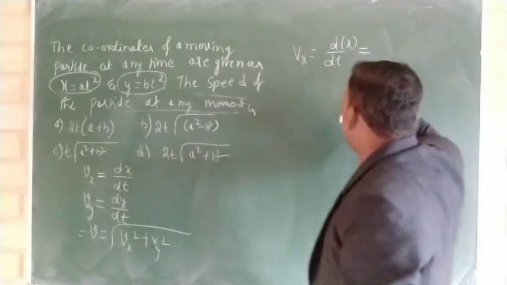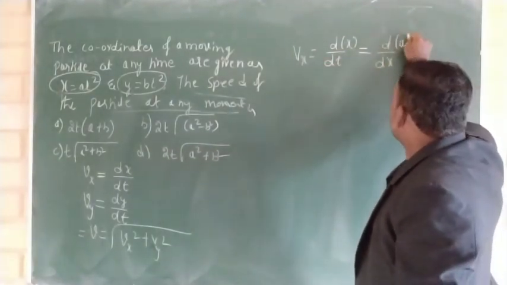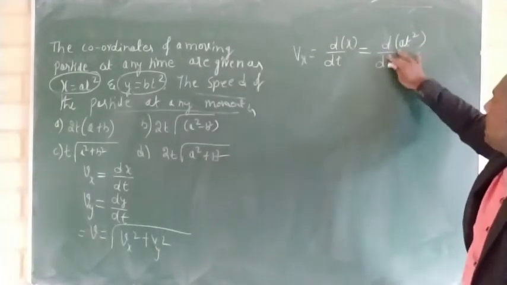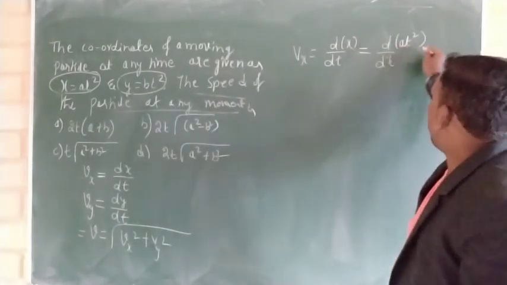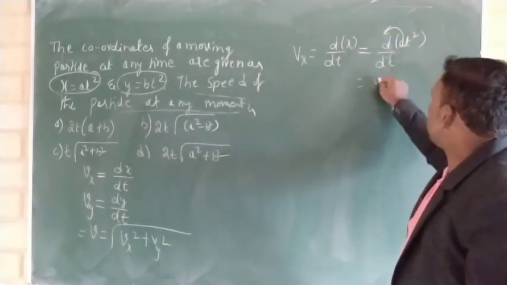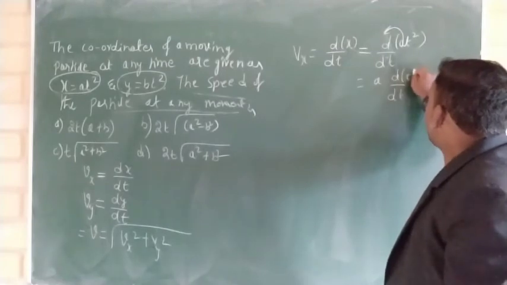The x value is given, at square. Here a is constant, and the variable term is time t. Therefore, take a outside from this derivative: a into d by dt of t square.